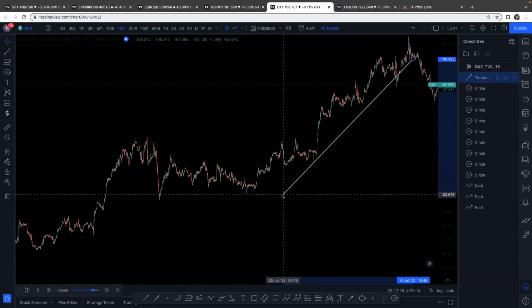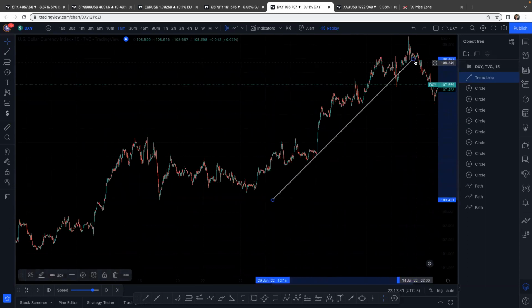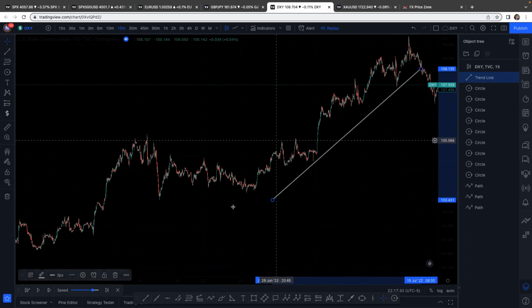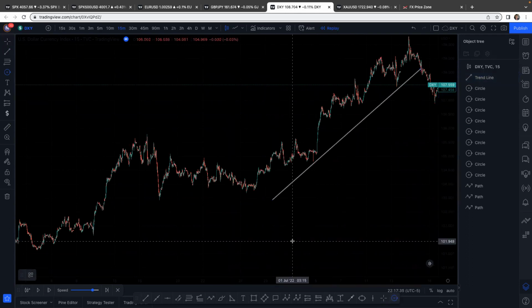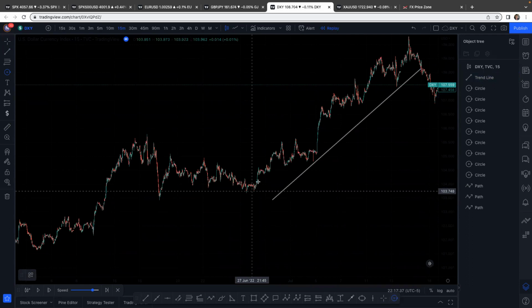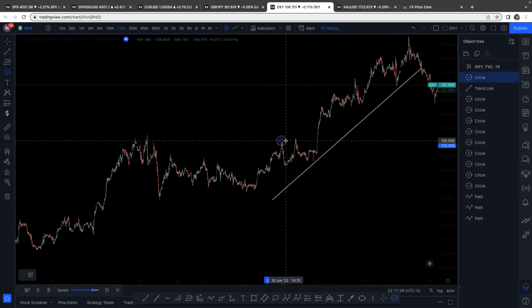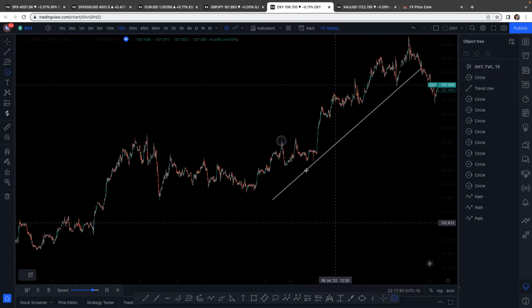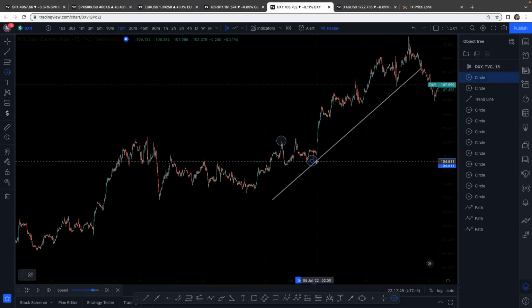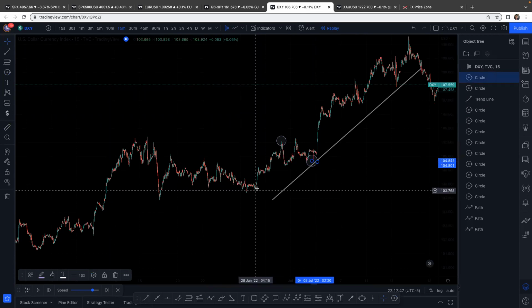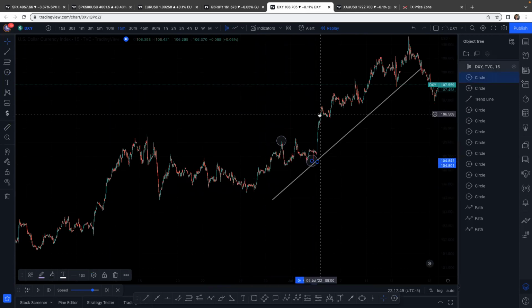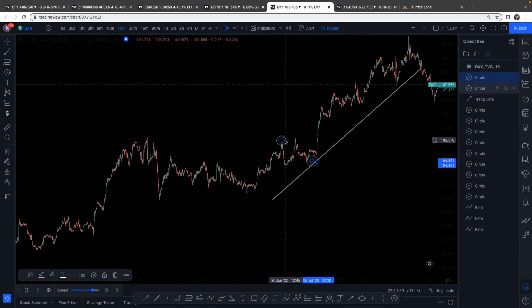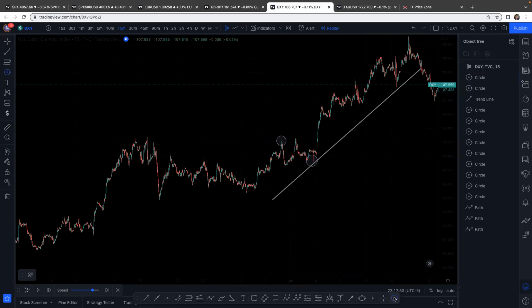As we were talking about the higher highs and the higher lows, I'm going to circle those. So here's a high, and then here would be a higher low because it's higher than this particular low right here. And then we have a higher high because it is higher than this particular area.